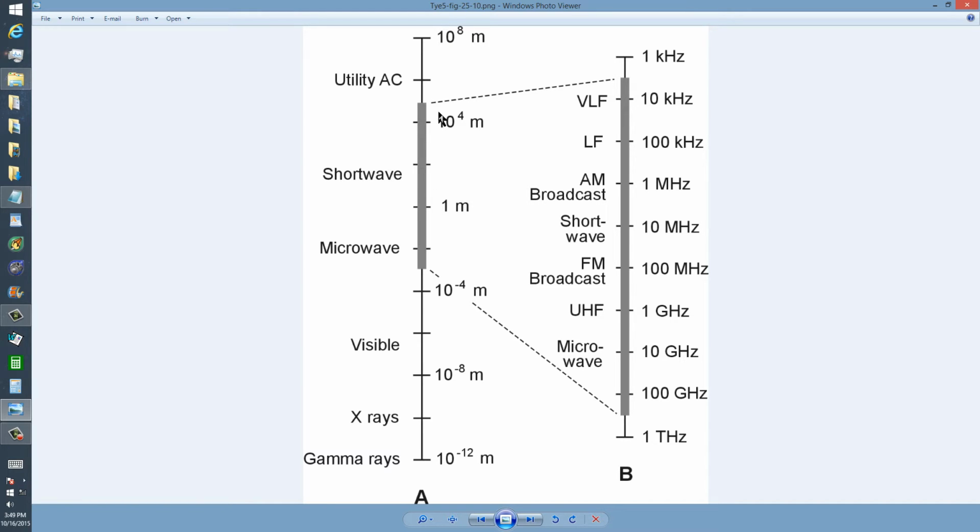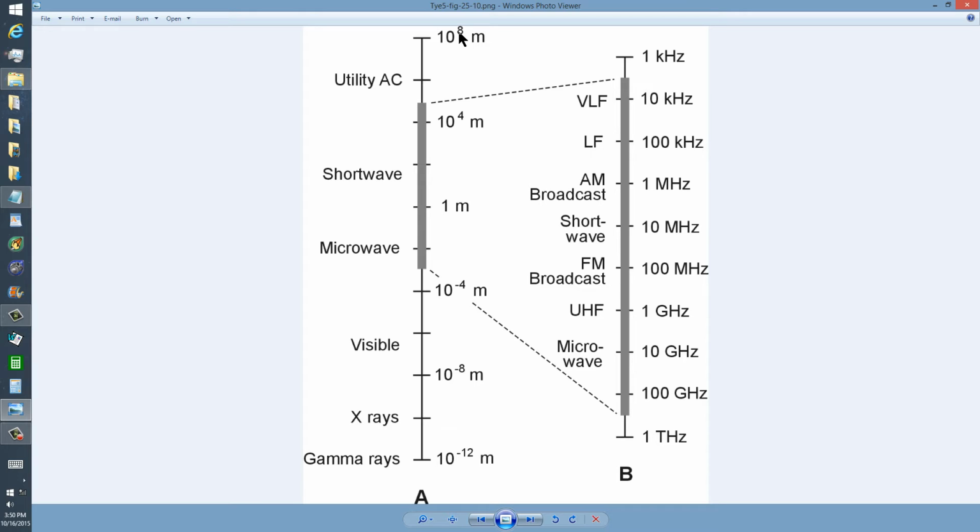electromagnetic spectrum graph. Note that the graduations go by powers of 10, 1 million meters, all the way down to 1 trillionth or a million millionth of a meter. This is, for all intents and purposes, the entire electromagnetic spectrum, although in theory, wavelengths can get longer and longer and longer without limit.